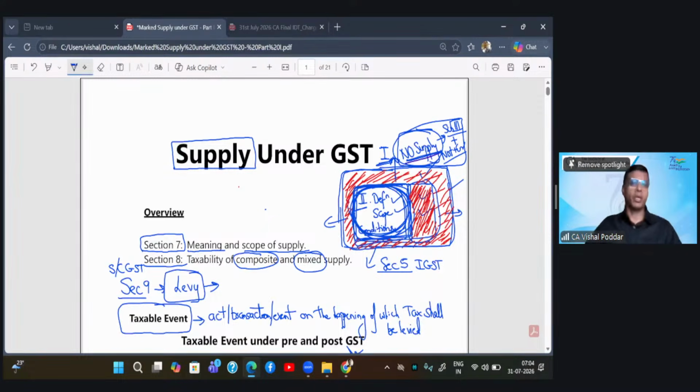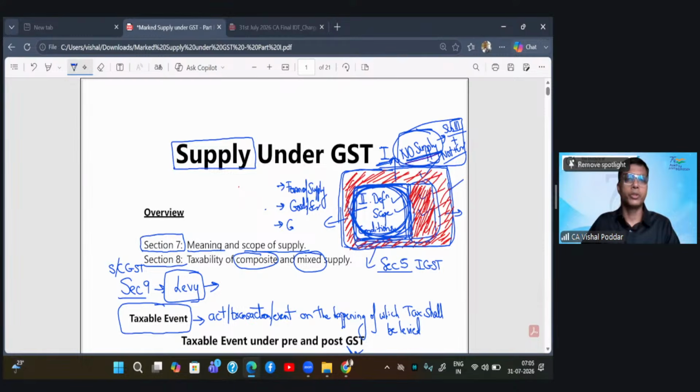Now, this particular definition of supply requires you to satisfy some basic requirements. First, there should be some form of supply, some type of commercial transaction: sale, barter, exchange, lease, renting, hiring, etc. Second, this should be of goods or services.